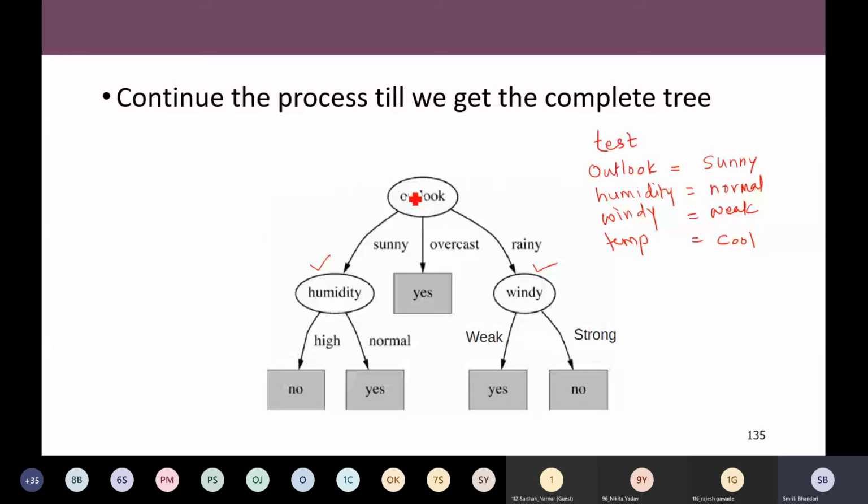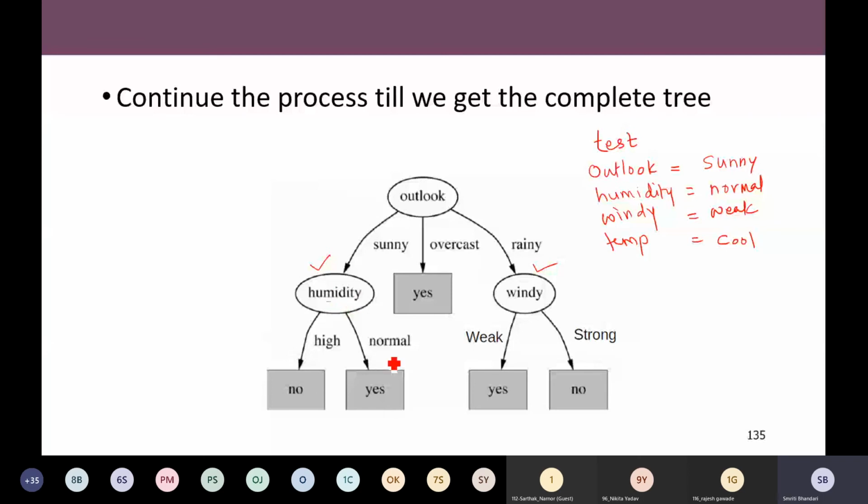So if I am having this as the test sample, then I'll begin from the root node. Outlook value is sunny, so I will choose this path, sunny. Then I'll arrive at this decision node, and check what the humidity is, whether it is normal or high.